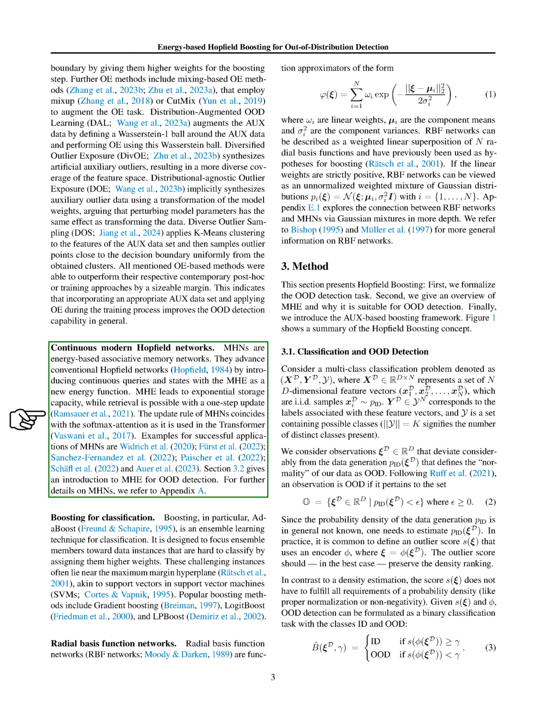The update rule of MHNs aligns with the softmax attention mechanism used in the transformer model. Successful applications of MHNs include various tasks such as classification and OOD detection. We provide an overview of MHE for OOD detection in the upcoming section. For more detailed information on MHNs, please refer to the appendix.